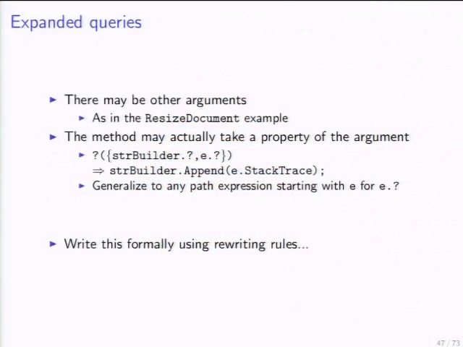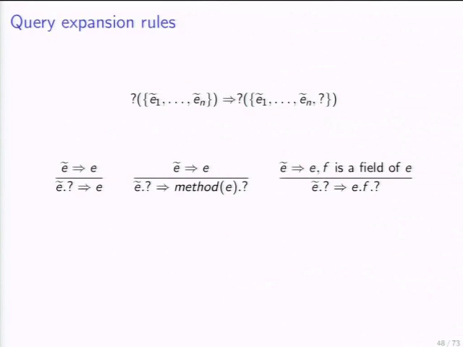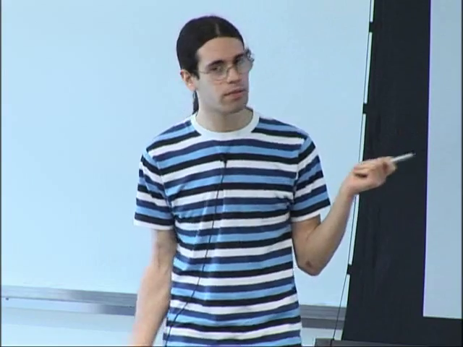And we can write this formally from the query language using rewriting rules. The first one says that we can just add a question mark onto our partial method calls, saying, oh, there's another argument we didn't know about. And the bottom row is talking about what we can do with the dot question mark. Either just ignore it, or we could make a method call.